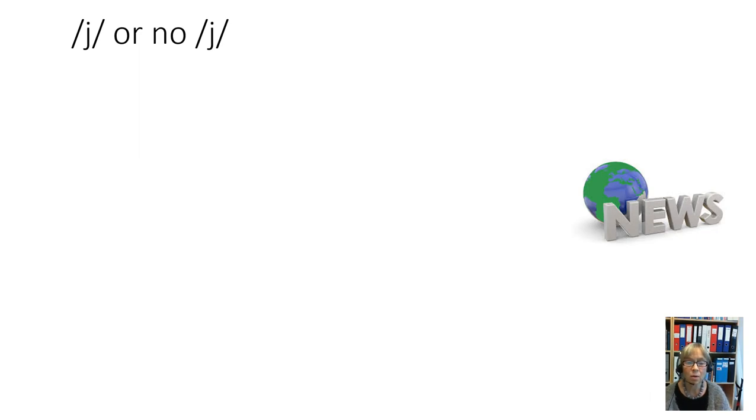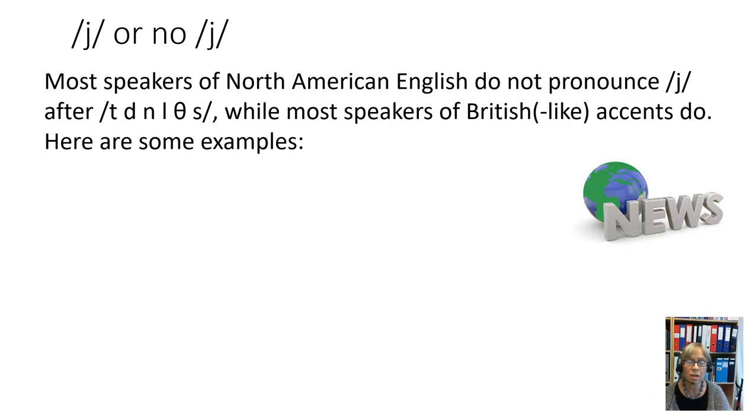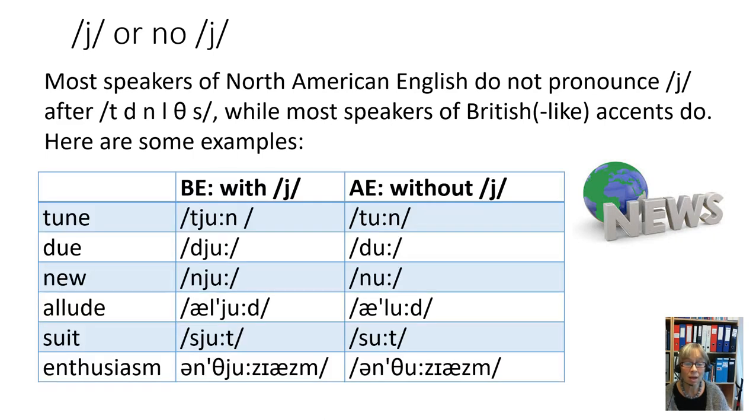This is the last sound we'll deal with in this presentation. Yeah. The thing is that some people pronounce that more often than others. Most speakers of North American English do not pronounce y after t, d, n, l, s. Not that you're supposed to remember these things, but just so you know. But most speakers of British or British-like accents do, and here are some examples. Speakers of British accents would say tune.